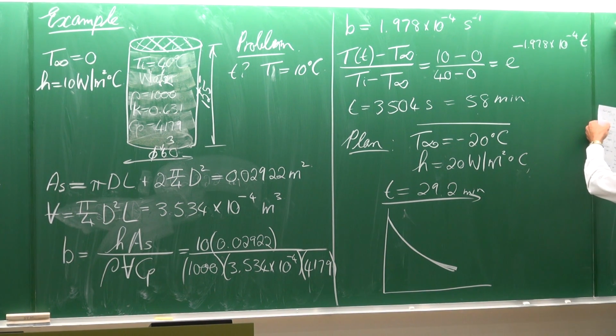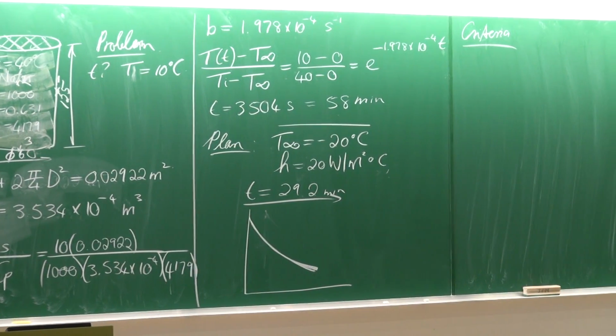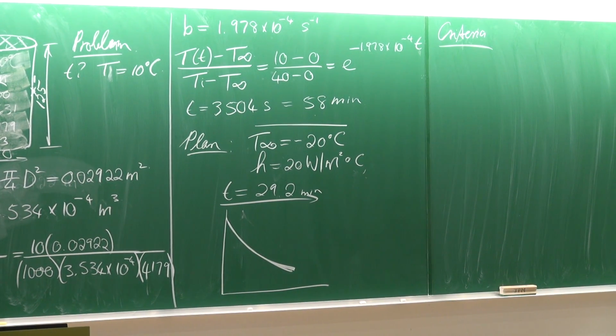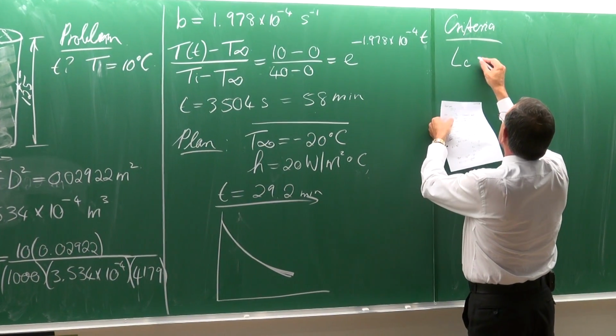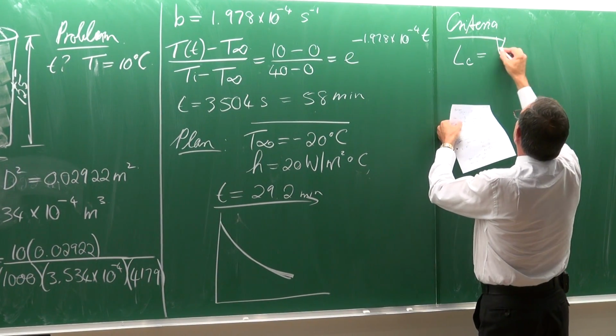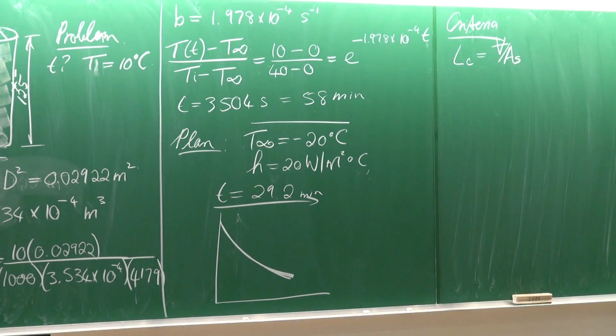So, what is being used to help us, to guide us into making the decision if we should use the lump system approach or not is the following. Firstly, the definition of a characteristic length. And the characteristic length is the volume divided by the surface area.